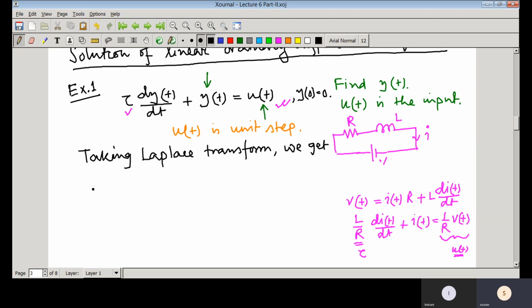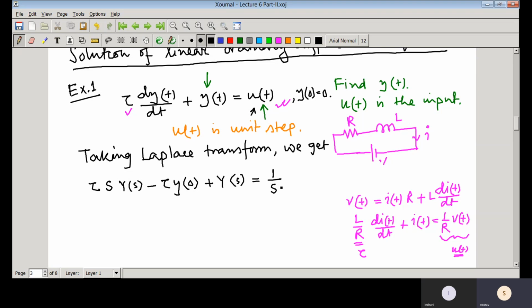Taking Laplace transform, you can apply the formula for the derivative: it is tau s Y(s), and then another term associated with the initial condition. Then for the second term you have Y(s), and the Laplace transform of u(t), if it is a unit step, would be 1/s.